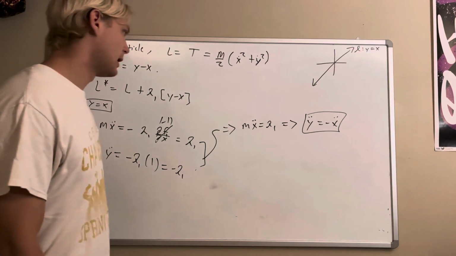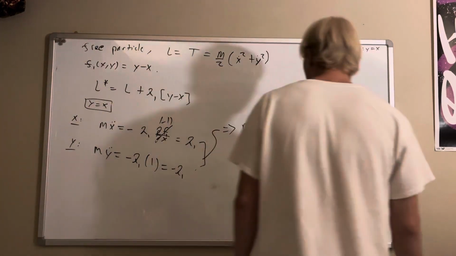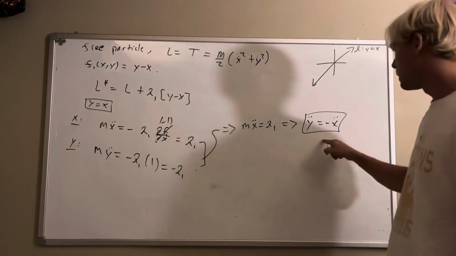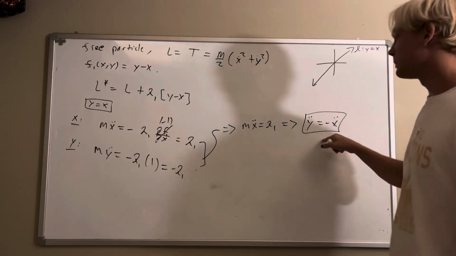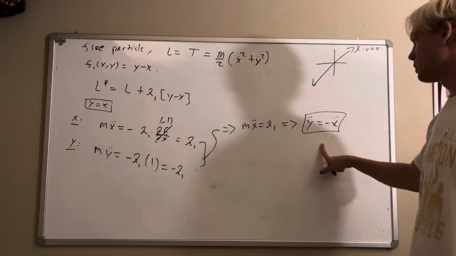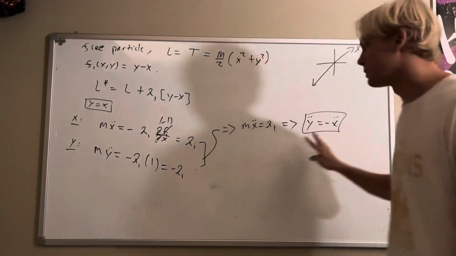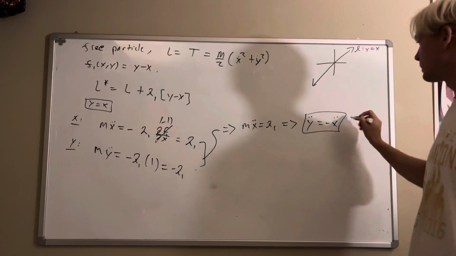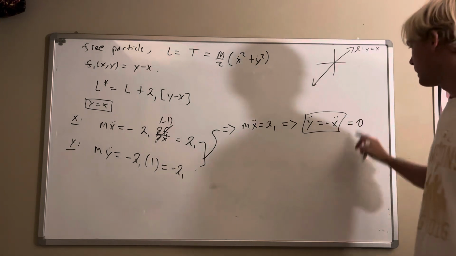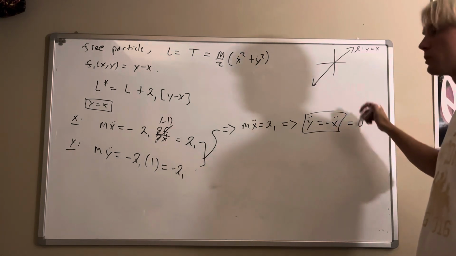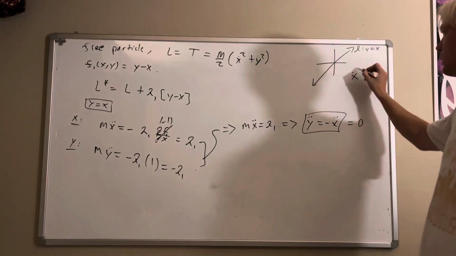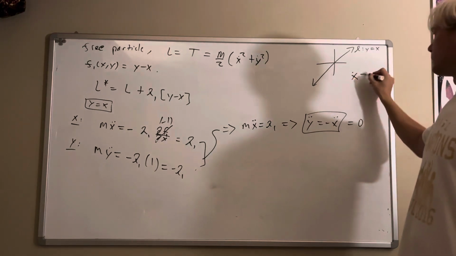So with this in mind, this implies that they have to be equal to 0, which implies that lambda, it doesn't imply lambda. This implies that these both have to be equal to 0. And we're claiming, I don't want it to be trivial, so we don't want the velocities.